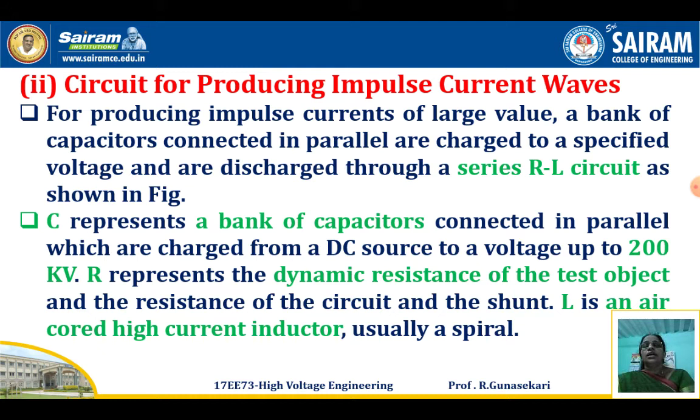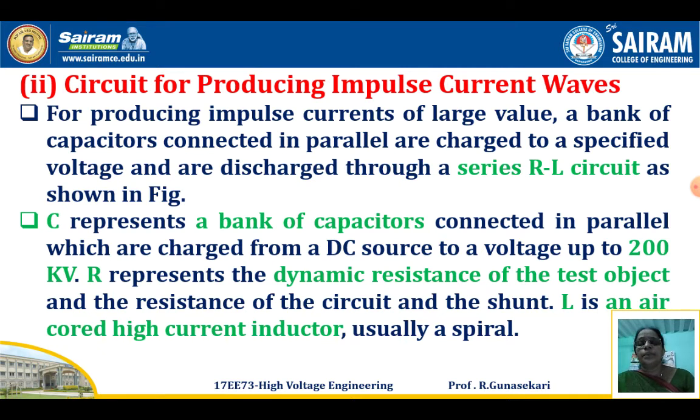This is the second subtopic of generation of high impulse current. For producing impulse current waveforms of large value, a bank of capacitors connected in parallel is charged to a specified voltage and discharged through a series R-L circuit, which is shown in the figure.